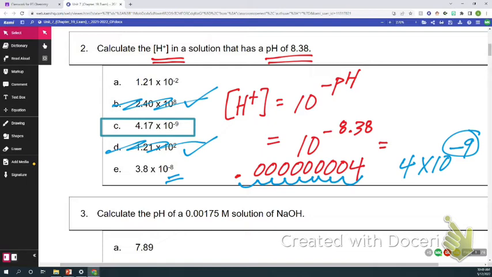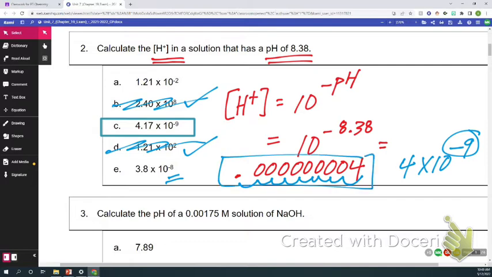Any questions about this one? No problem, right? We're going to move forward. This is how you had to figure this one out. I'm going to try to stay away from scientific notation, because if you messed up because you didn't know scientific notation, that kind of sucks. I wanted to know whether you knew how to plug in 10 to the negative pH power. My calculator showed me this number.